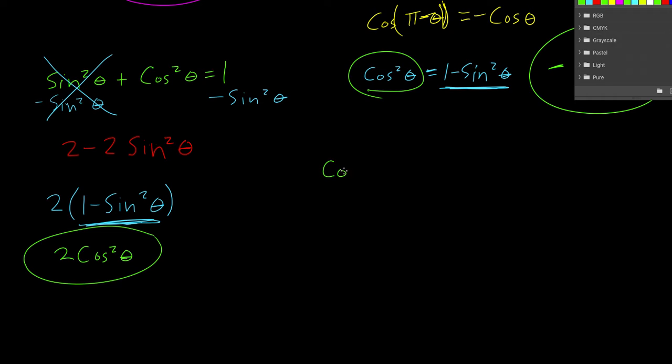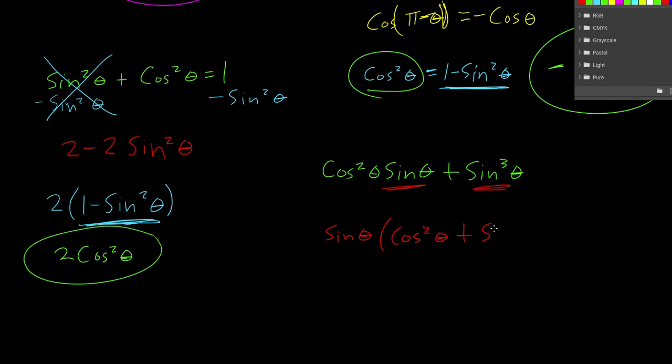And now we have cosine squared theta sine theta plus sine cubed theta. So what we want to do is take out a sine from each piece. So we have sine theta, then we have cosine squared theta plus sine squared theta.